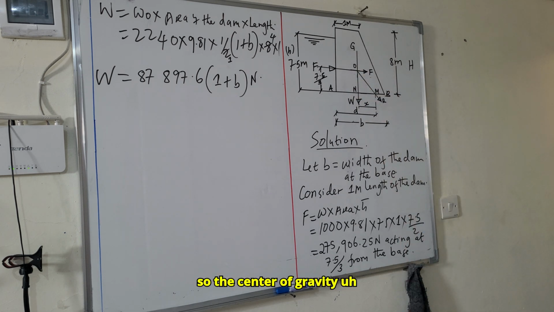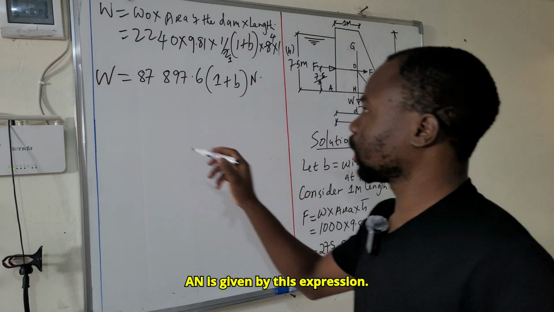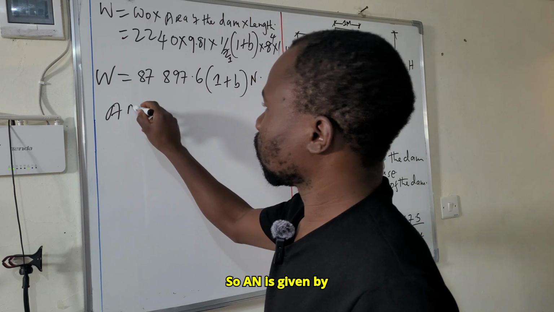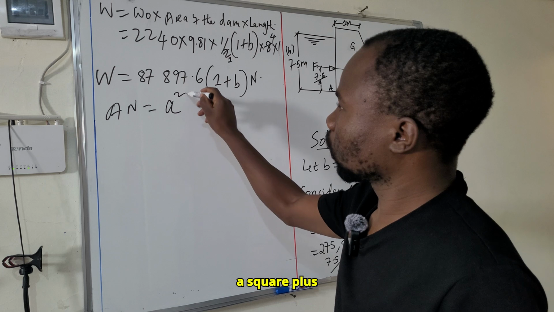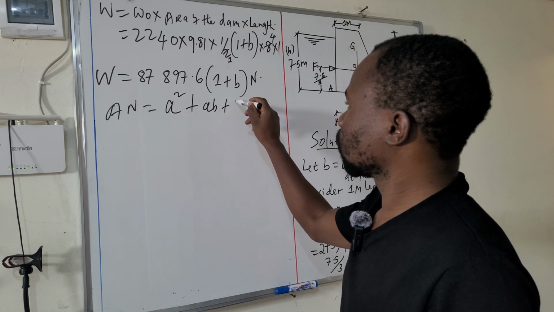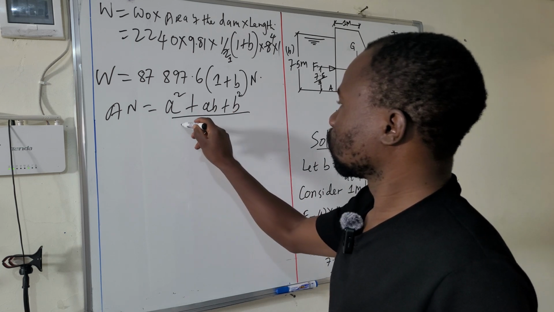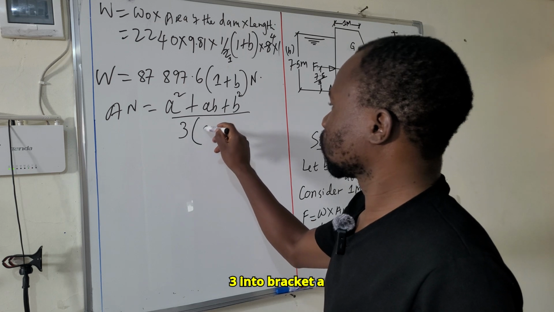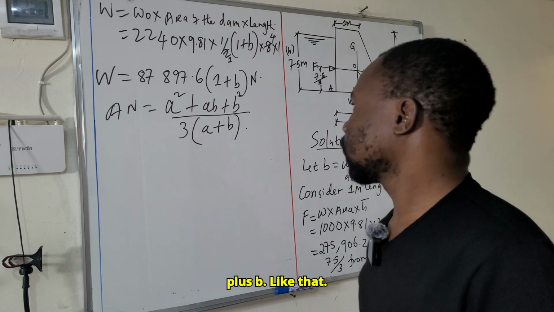So we are supposed to calculate this distance AN. AN is given by A square plus AB plus B square over 3 into bracket A plus B, like that.